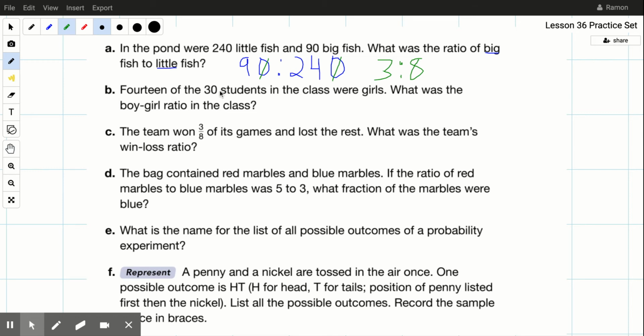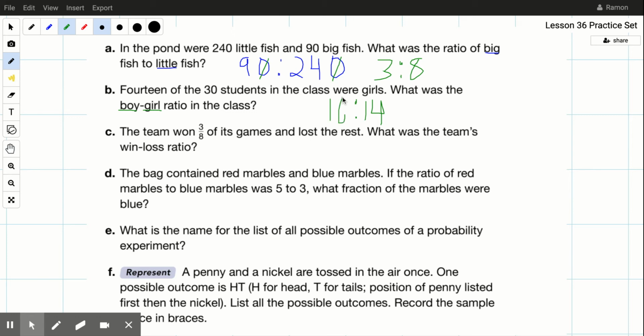B, 14 of the 30 students in the class were girls. What was the boy-girl ratio in class? So we want to compare boys to girls. We know that 14 are the number of girls. So all we need to figure out is the number of boys. Now, the number of boys is given to us by subtracting 14 from 30, which will give us 16.